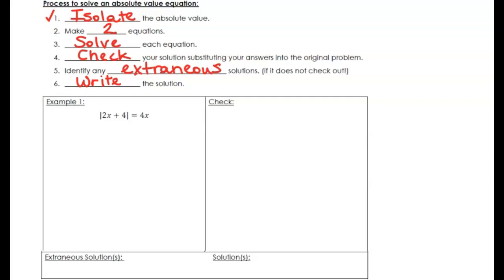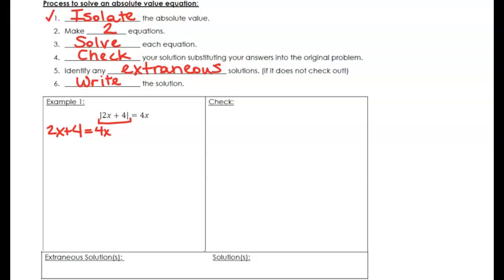Step 2, make 2 equations. Remember that the absolute value means the distance from 0. So whatever value is in that absolute value set of symbols, it could be positive, or it could be negative, but once you take the absolute value, you will end up with the positive answer. So what we're going to do is take this that's in here, drop the absolute value signs, and make this side positive, so 2x plus 4, just kind of an implied positive over here, equals 4x.